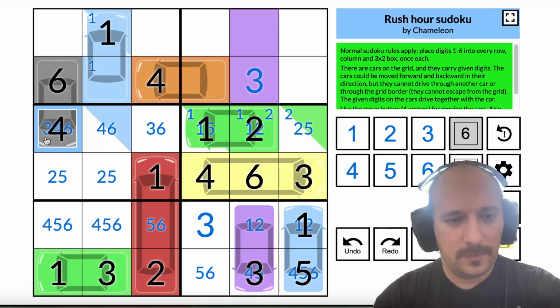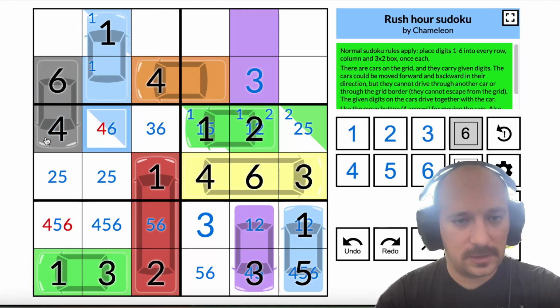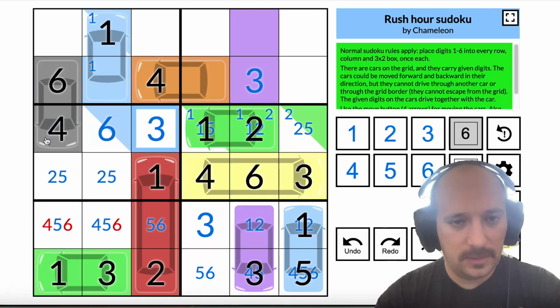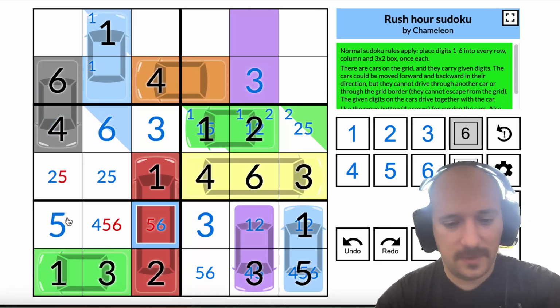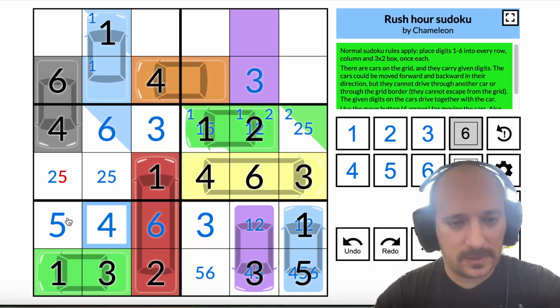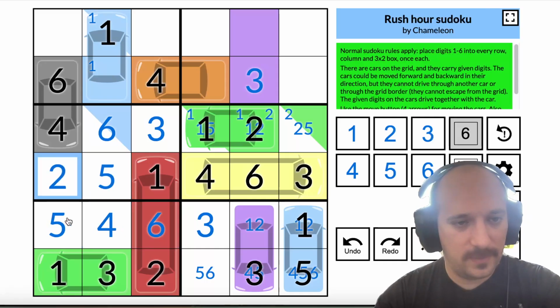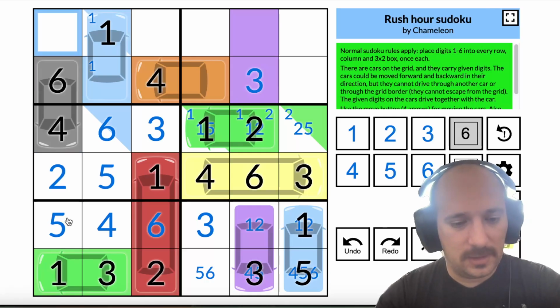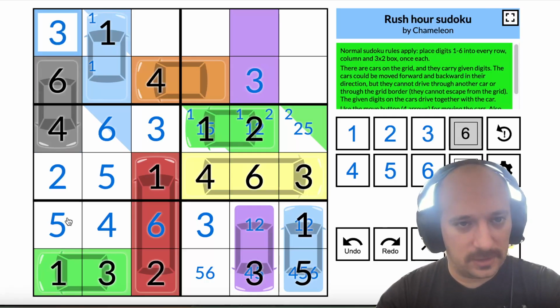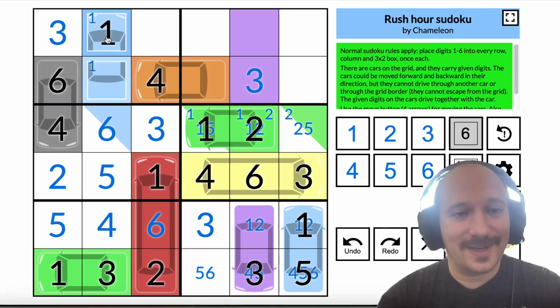So 4, 6, 6, 3. This 6 is still not a problem for the blue car. It looks okay. So 5, 6, 4. See how we almost solved the whole Sudoku without knowing what happens to the cars. So that's 1, 2.